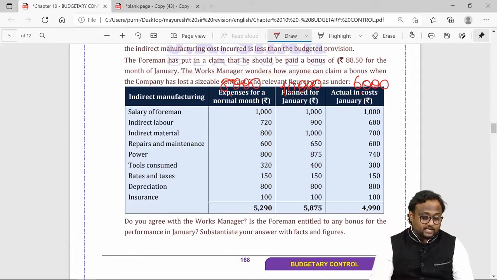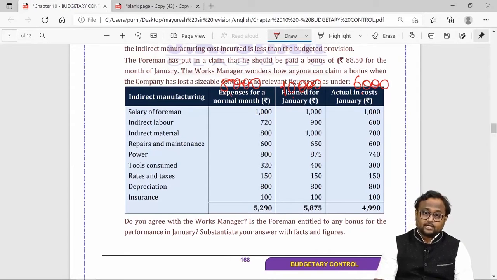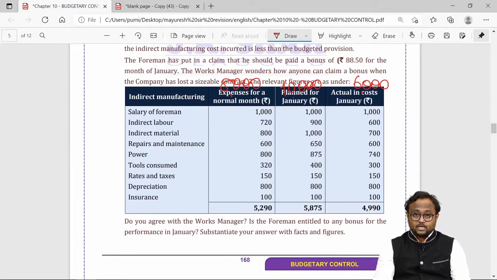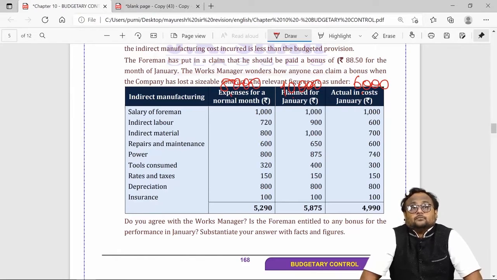So if my actual data is given for 6,000 units, I want my budgeted data also at the 6,000 units level. Then only the real comparison will take place.